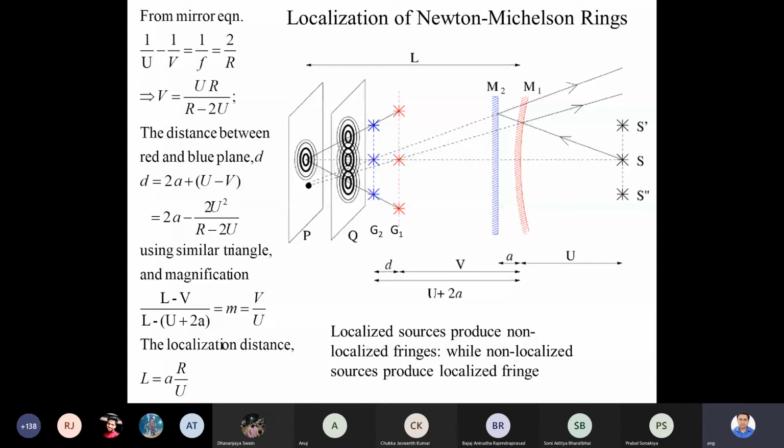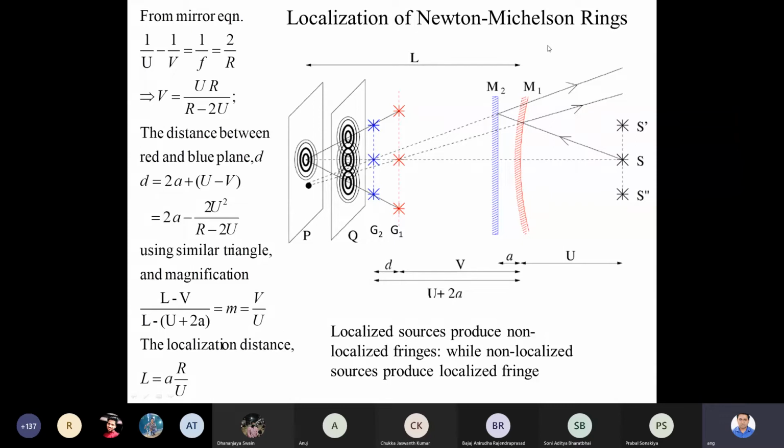Now we have done two different experiments: one is the Michelson interferometer experiment, another is the Newton ring experiment. The Michelson experiment we did maybe 2-3 classes back, where you learned that you have one static mirror and one variable position mirror, and depending on the image orientation, whether parallel, inclined or crossed, you get different kinds of fringes.